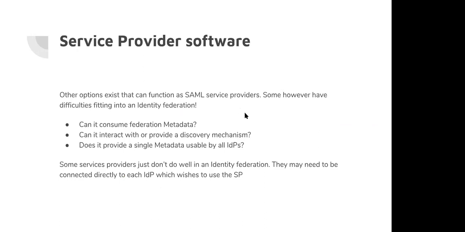But a lot of services will fit nicely within your federation. And there's even a benefit of having an IDP that non-federatable services can easily plug into as well. So if you've got that infrastructure, then you have options for those services that don't play well in federated identity.